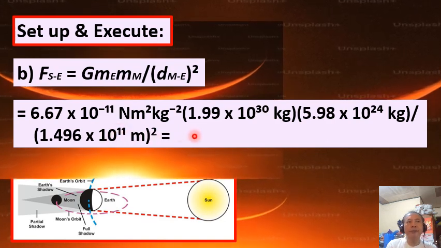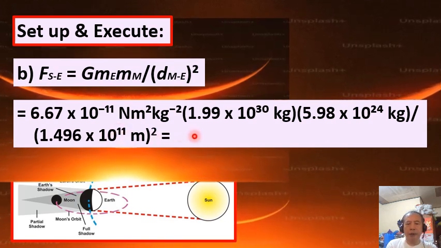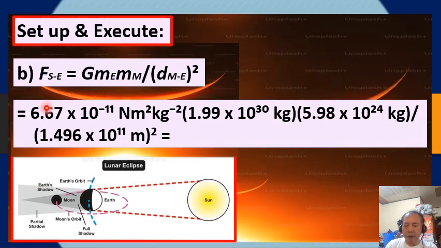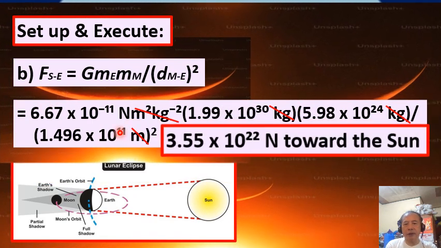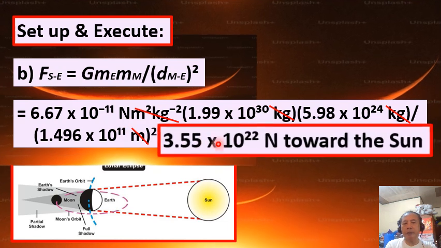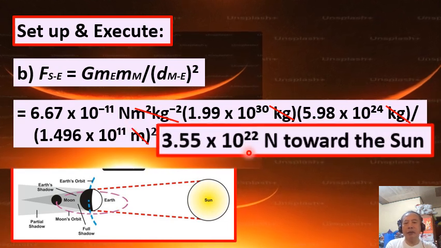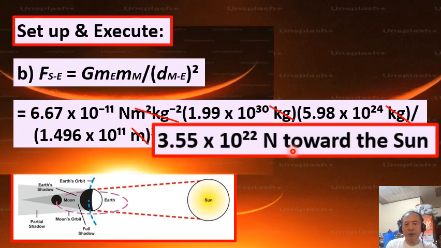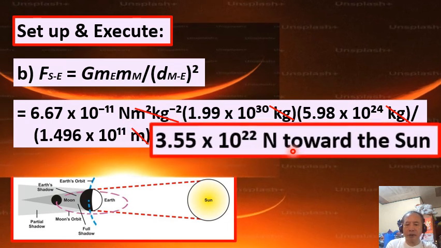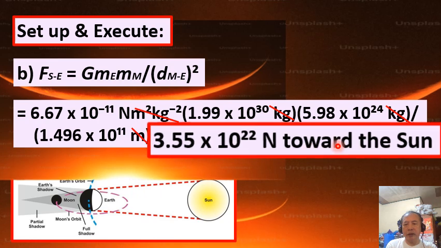Again, with the help of your calculator, we find the force exerted by the sun on the Earth equal to 3.55 times 10 to the 22nd power Newton. And of course, this attractive force is towards the sun.